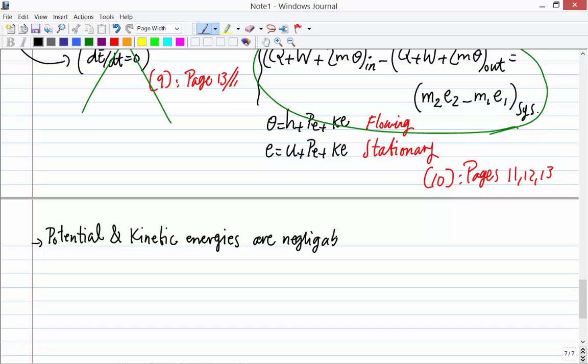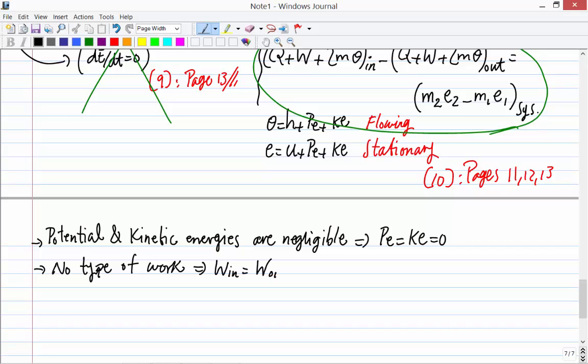Negligible, that is zero. And also, no type of work, so the work in and work out are both zero.